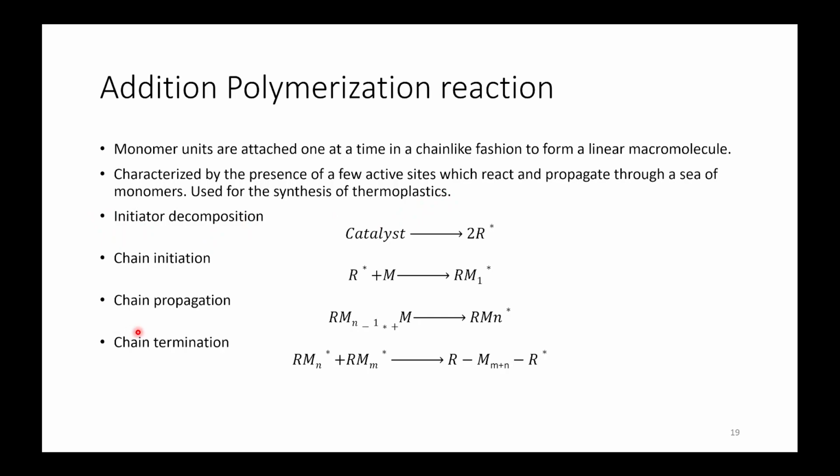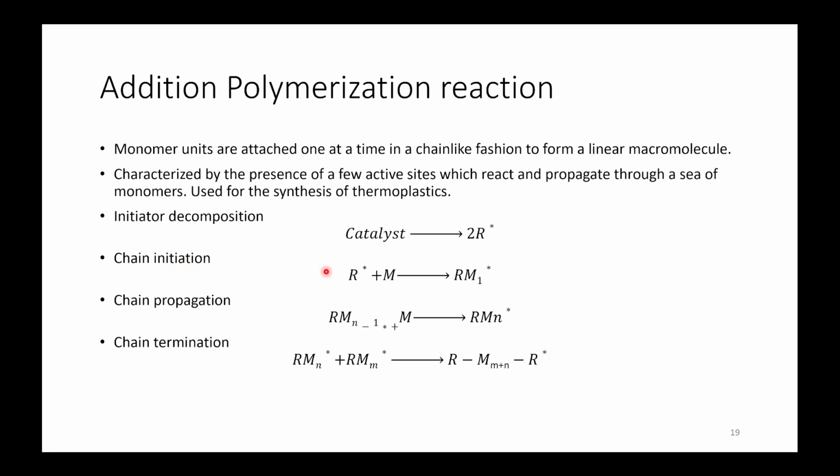So these are the various steps that are involved. First is initiator decomposition. For this polymerization we require some activation. This activation is provided by a catalyst, which will break into two radicals. Now chain initiation.